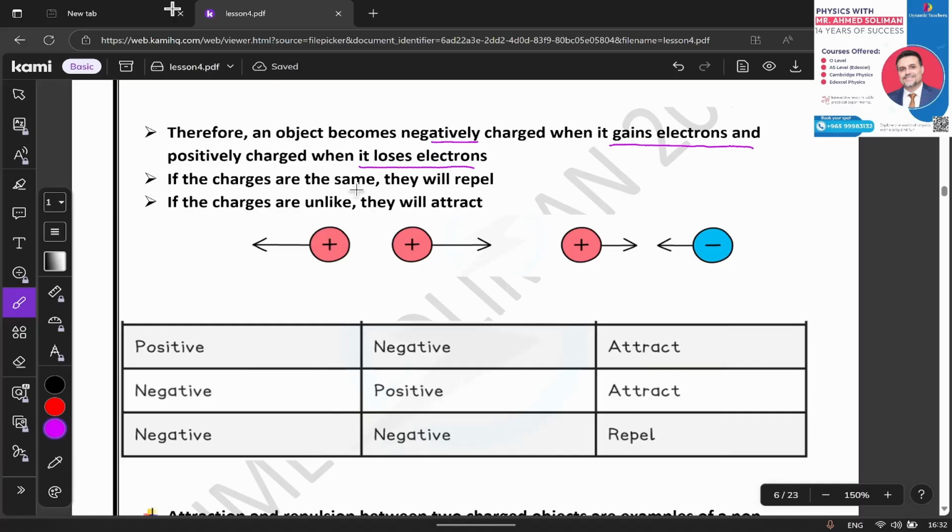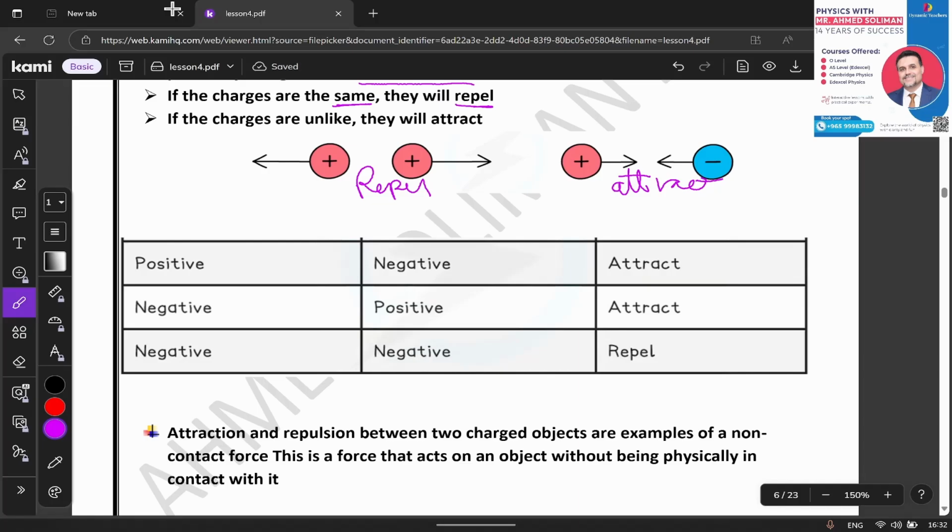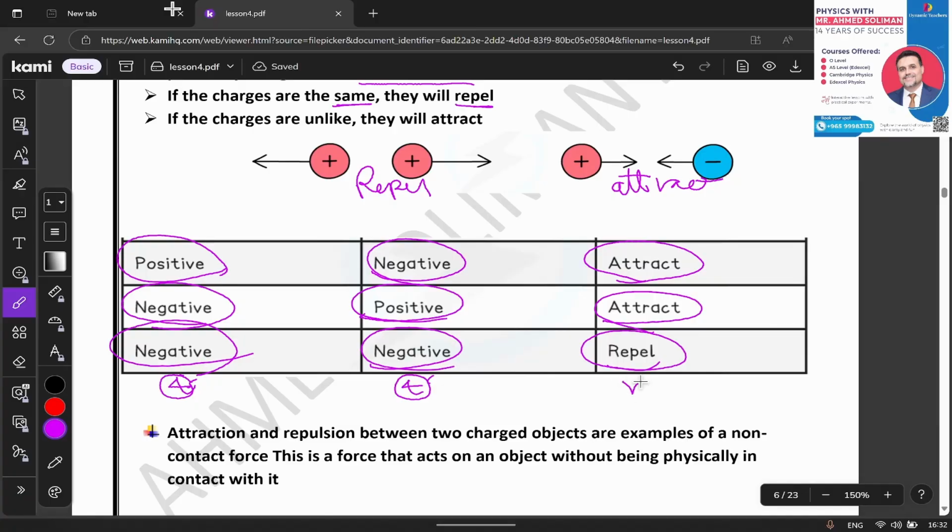If the charges are the same, they will repel like this. If they are unlike or opposite, they will attract. So positive and negative attract, negative and positive attract, negative and negative repel, positive and positive also repel.